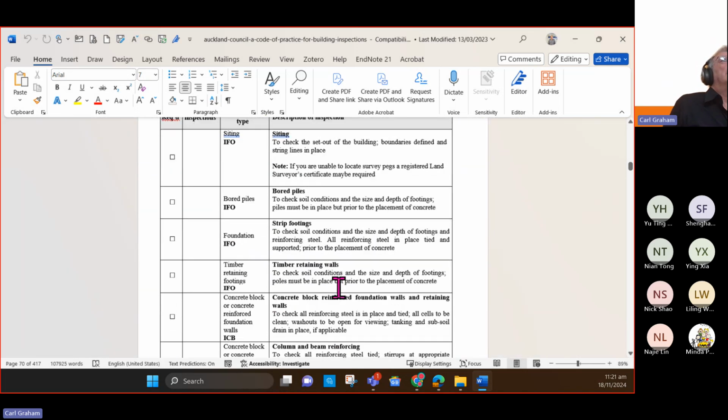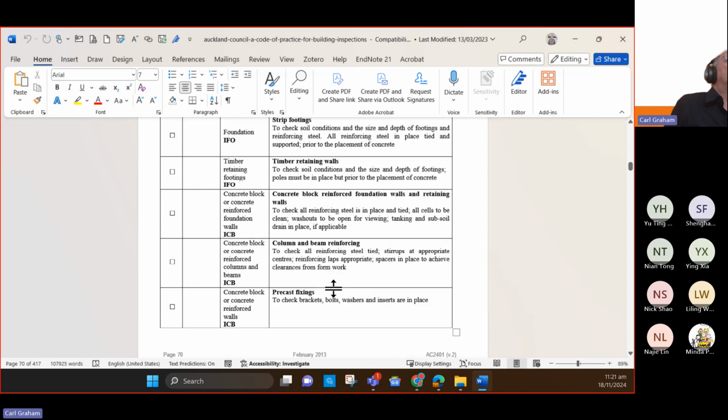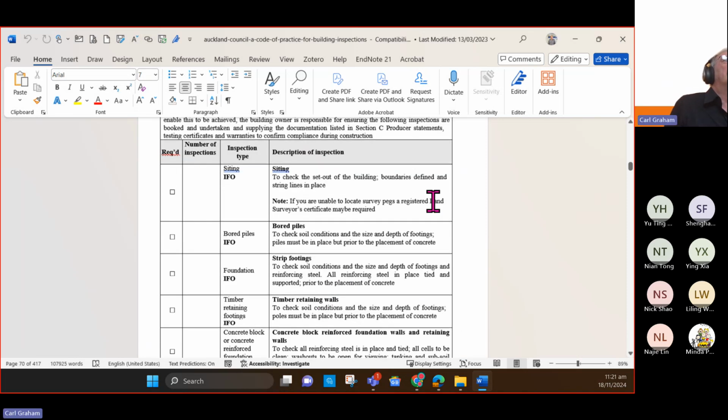Okay. And so also what you're looking at on the screen here is the way that Auckland Council name their inspections. Again, Waikato might be different. Northland might be different, but it's the same principle. In a foundation, what are you doing? You're checking a set out of the building boundaries.